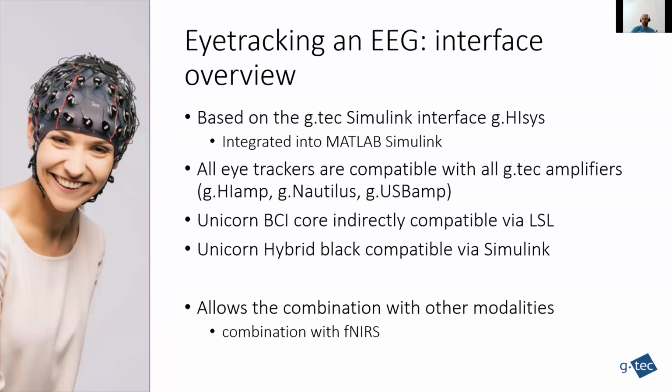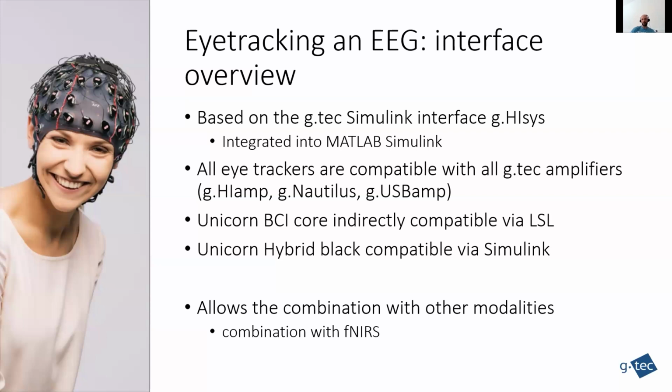Let's continue. What does our interface look like? The eye tracking interface that we implemented is based on MATLAB Simulink, and g.HIsys is the product dealing with all kinds of data acquisition, so we integrated it there. In g.HIsys, there is a separate toolbox for eye tracking, for the Tobii Pro Glasses and for SR Research.